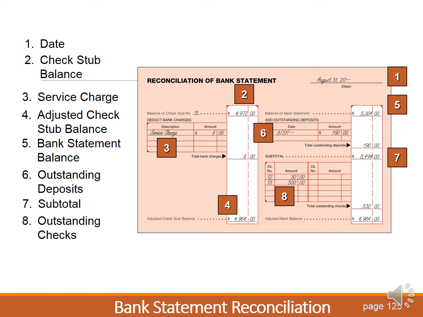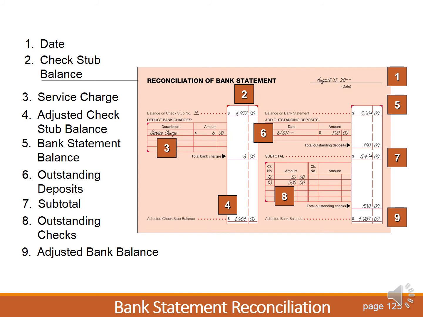The next section we complete is the outstanding checks section. We will go through our bank statement and list all the checks that are outstanding and their amounts. Then we will add up all of the check amounts and record the total underneath total outstanding checks.